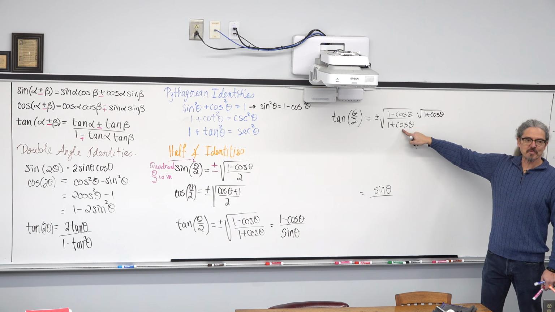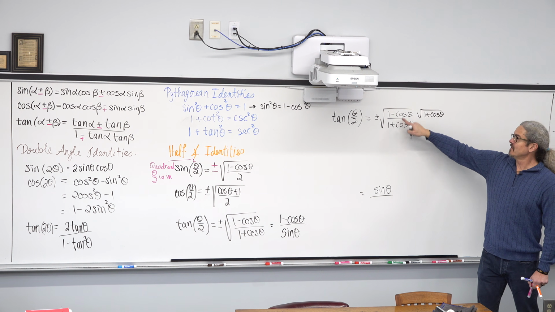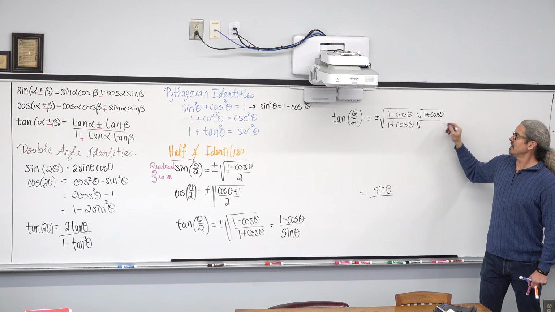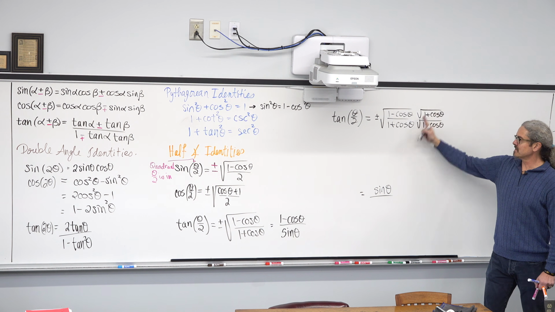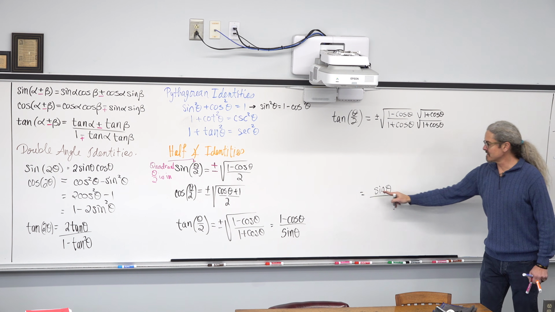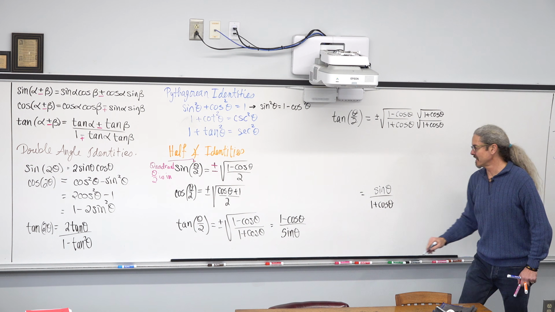So instead of multiplying by the conjugate of the denominator, like we just did, you multiply by the conjugate of the numerator.